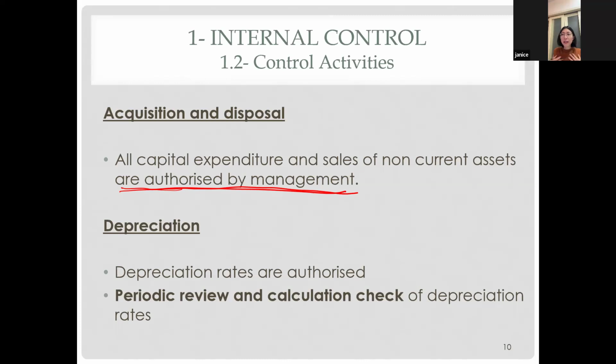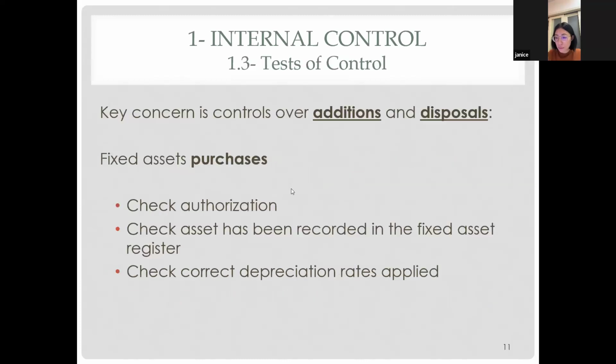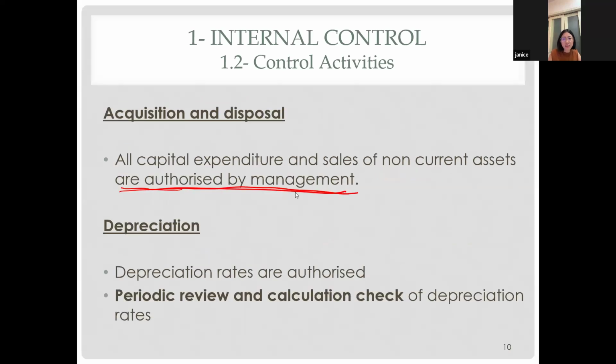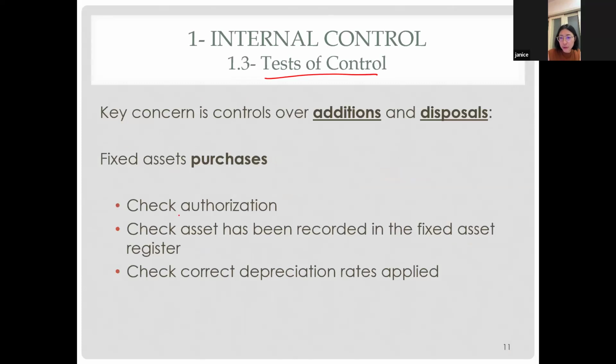So us as auditor, we're like, okay, you said that you authorize it. Can you give me the proof? So how do we check the authorization? Do you guys have any idea? How can we check as a test of control for the authorization? When a management authorizes, what do they do?